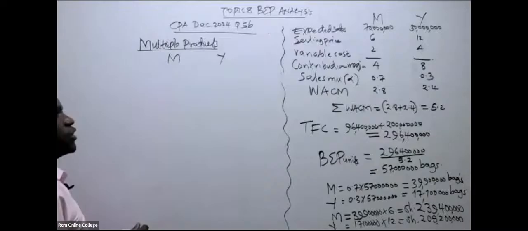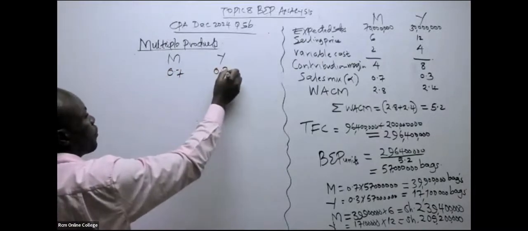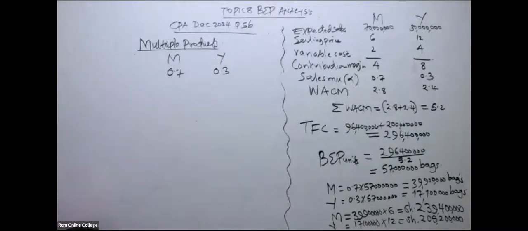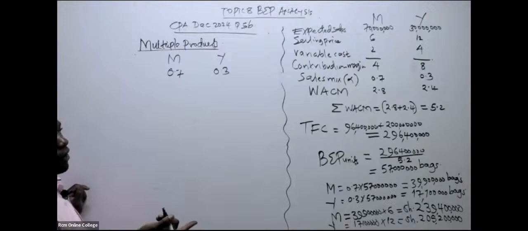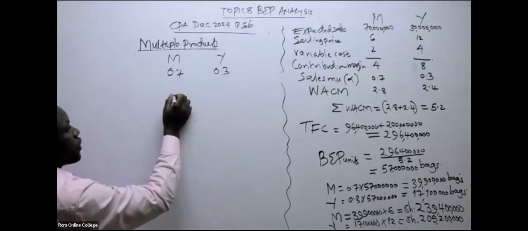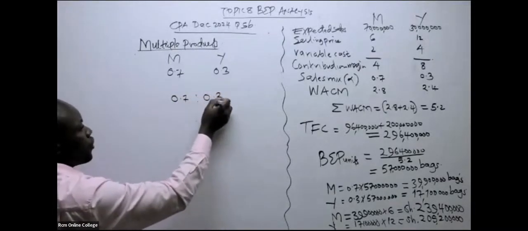So what if in a question you are given 0.7 and 0.3? So the proportion is 0.7 to 0.3. What I will do is very, very simple. How do I get the proportion? I will say 0.7 is to 0.3.